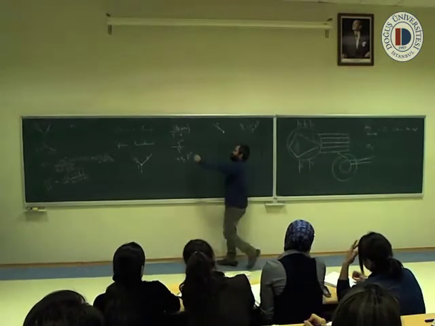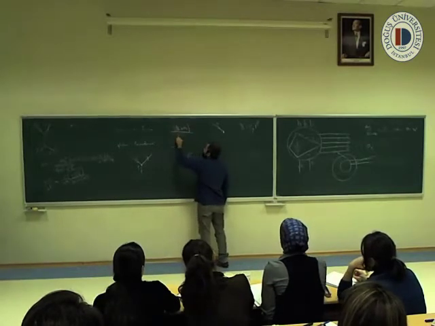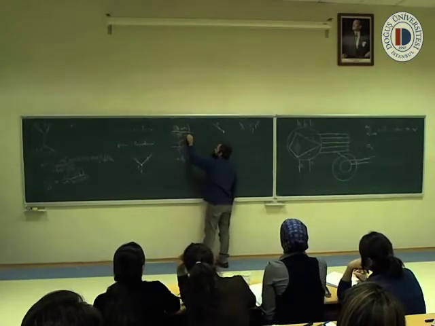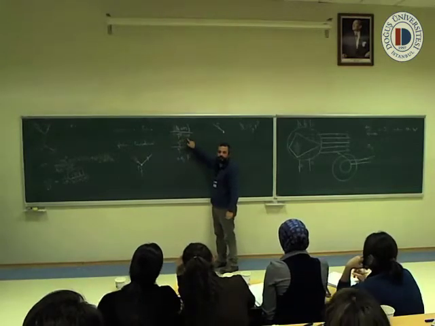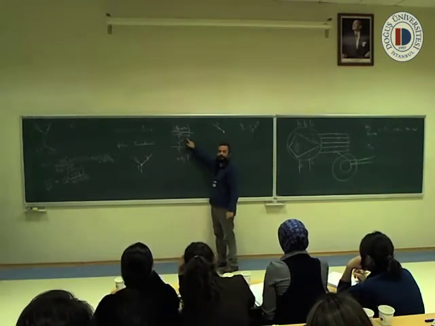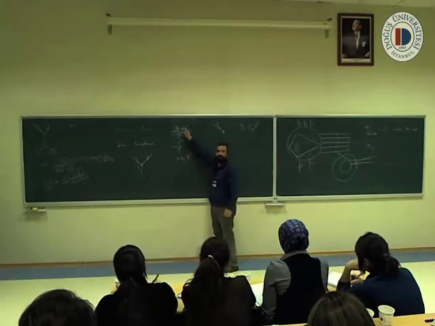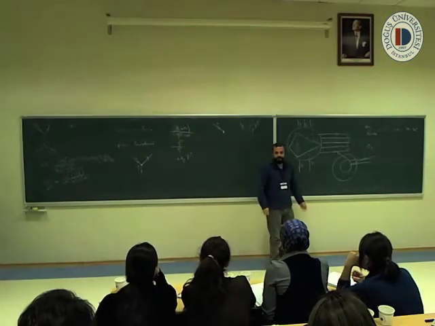It is a virtual particle in the sense that we had said that for a particle, the four-momentum squared is equal to its mass squared. So if you put p squared equal to m squared here, you just get 1 over 0, which doesn't make sense.